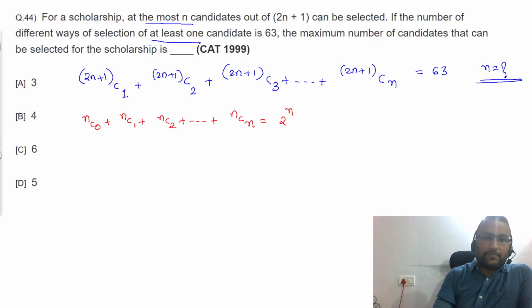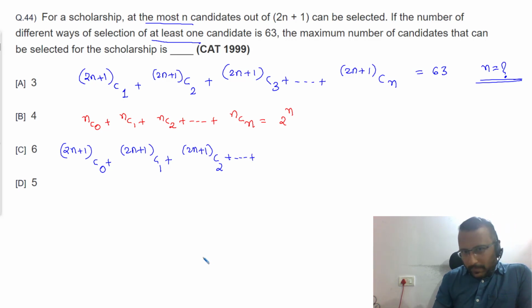So over here, total number of candidates are 2n plus 1. So let's concentrate here. Out of 2n plus 1, let's say we are choosing 0 candidates. Then out of 2n plus 1, we are choosing 1 candidate. Then out of 2n plus 1, we are choosing 2 candidates, and so on. Then out of 2n plus 1, we are choosing n candidates.